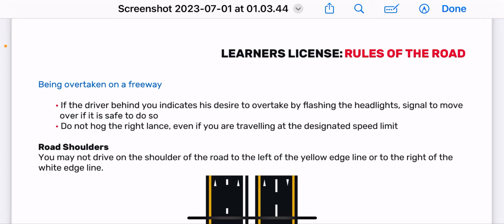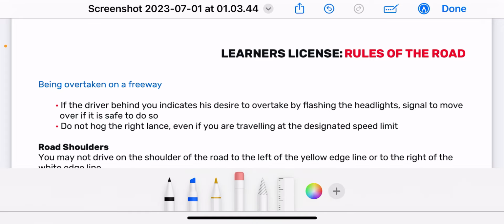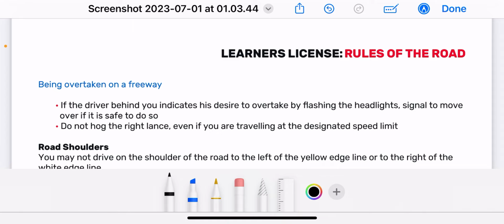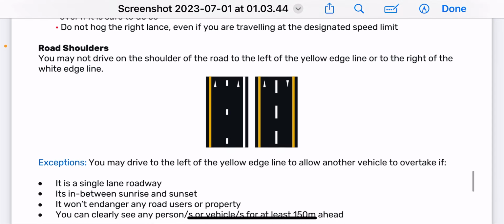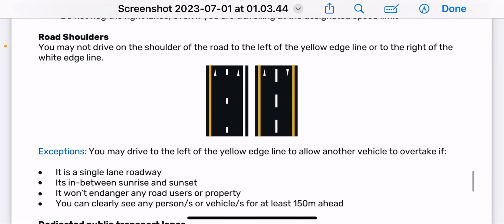So even if you are traveling at 120 kilometers per hour, as that is the speed limit for the freeway, but if the person behind you indicates his desire to overtake you, then you just have to signal to move over to the next lane and move. Don't say, but I'm traveling at 120 kilometers per hour. Why does this person want to overtake me? No, you don't do that.